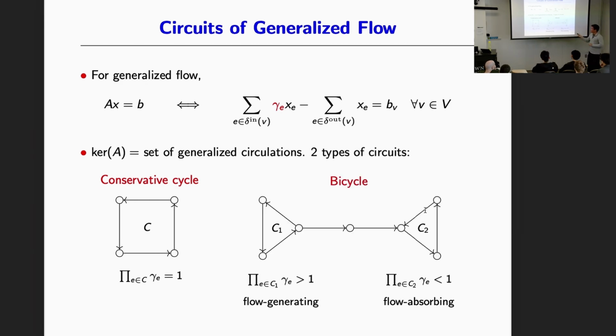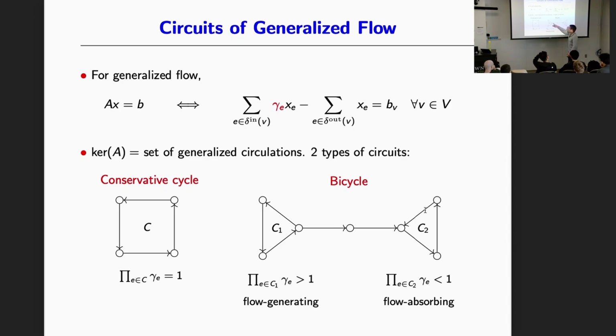The second type is more complicated, and it's called a bicycle. It consists of a cycle whose product of gain factors is greater than 1. So it's flow generating. When you push flow around the cycle, you end up with more than what you had. And then in order to maintain net flow 0 everywhere, you need to destroy this excess somehow.